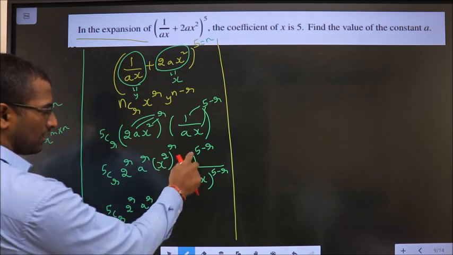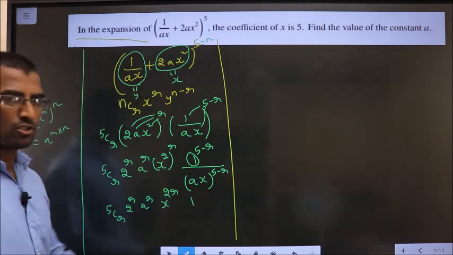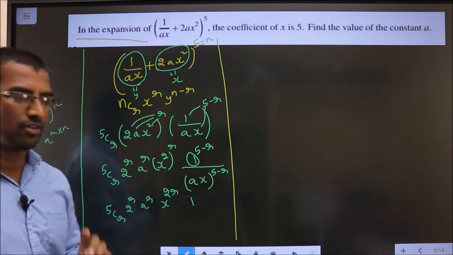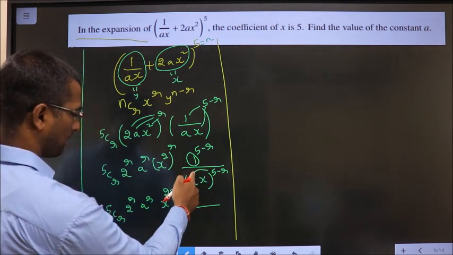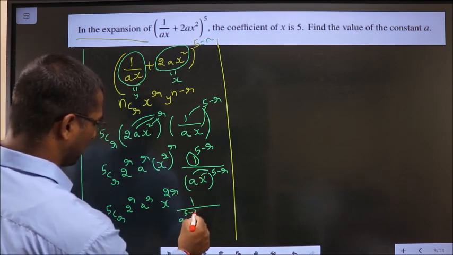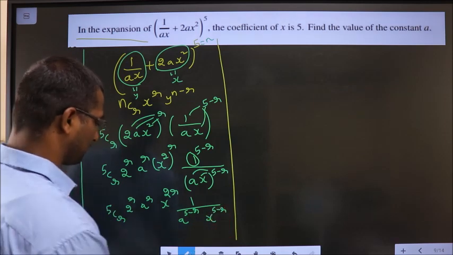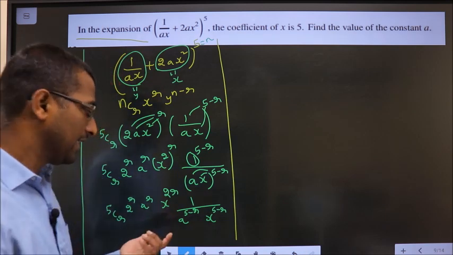Next, 1 power anything is 1 only, so you don't need to put a power on 1. Simplify this, the power applies to each: a^(5−r), x^(5−r). Clear till here?